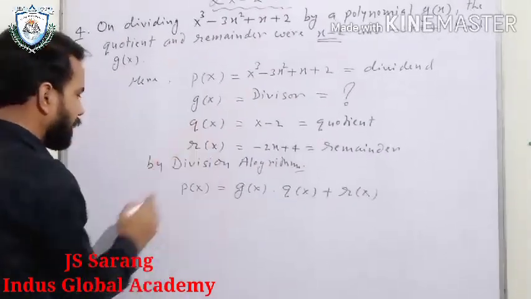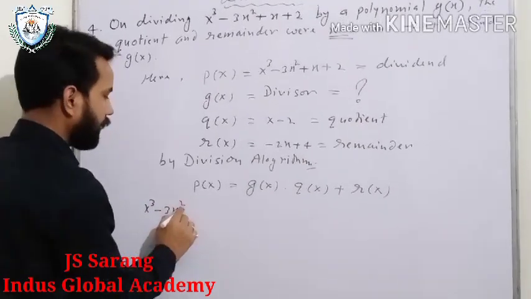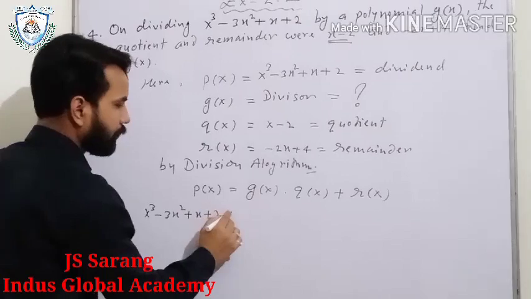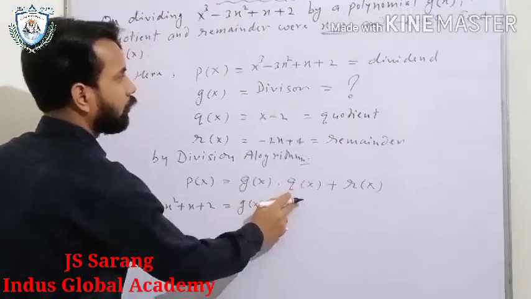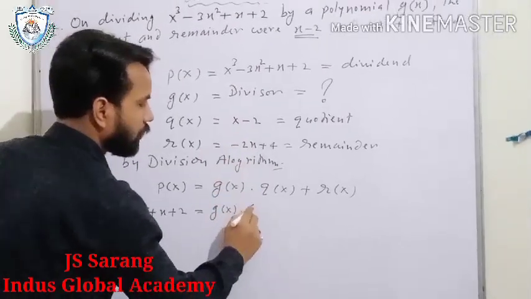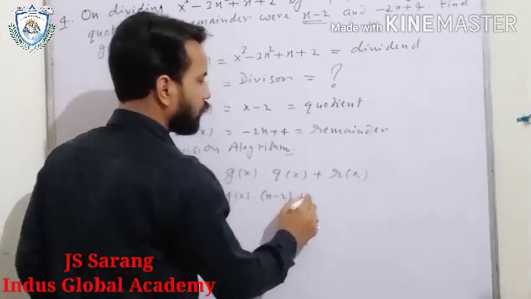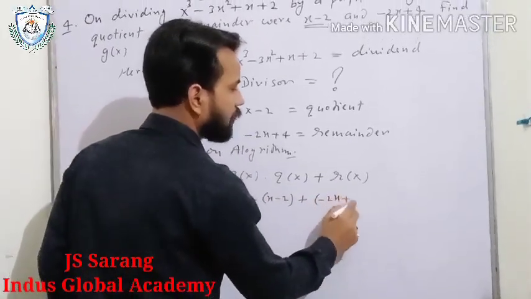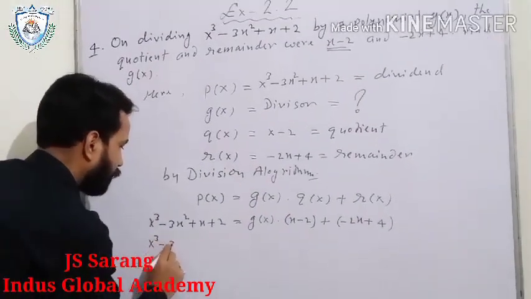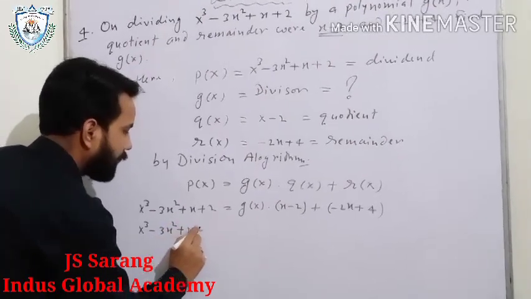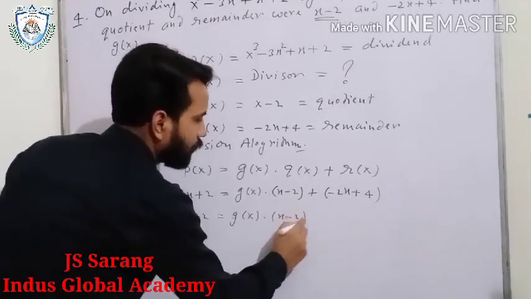Now we have to substitute these values. The value of p(x) is x cube minus 3x square plus x plus 2, equal to g(x), which we have to find, into the quotient x minus 2, plus the remainder minus 2x plus 4. So p(x) will remain the same, equal to g(x) into x minus 2.